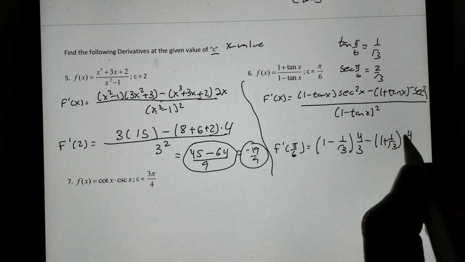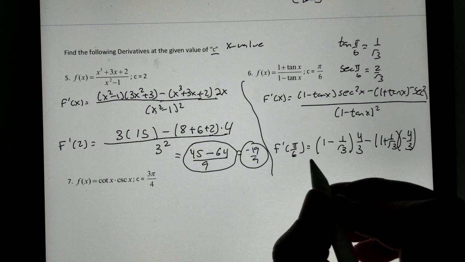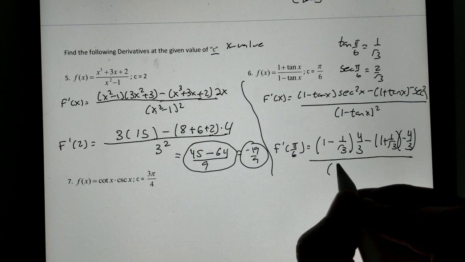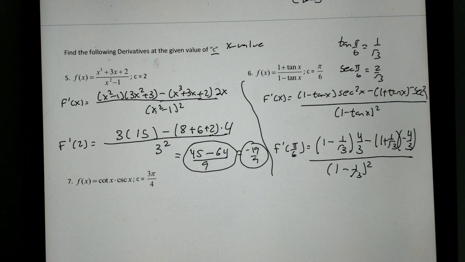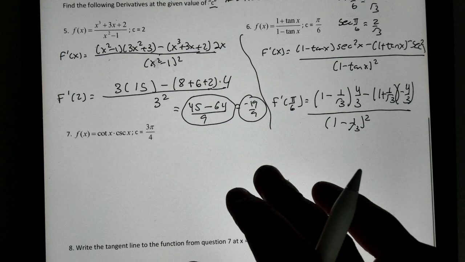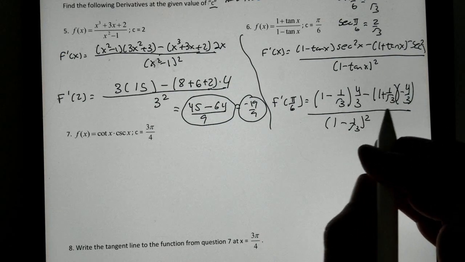So that's a negative right there. Okay? So all over 1 minus 1 over root 3 squared. Oh man, this looks awful. So let's see. There's a quick way, and then there's kind of a dirty way to do this. So let's see how we want to do this one right here.